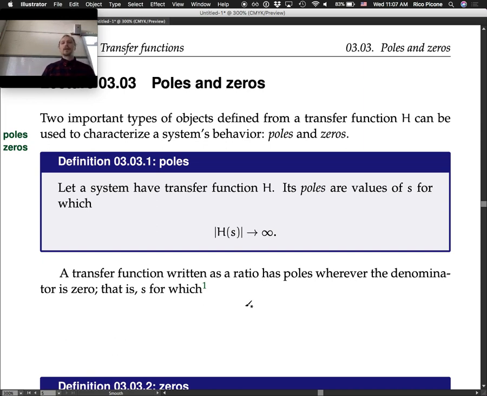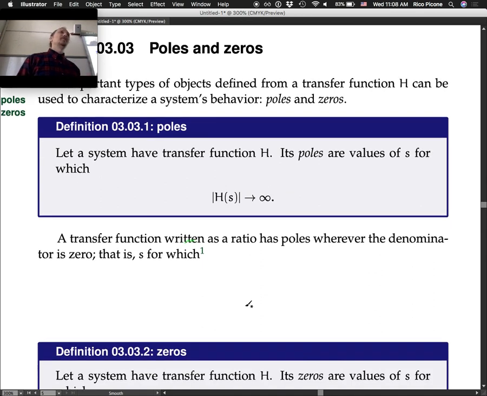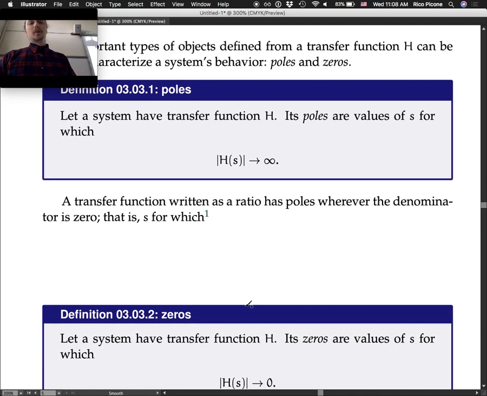So a transfer function written as a ratio, which is how every transfer function we've looked at so far, we've eventually written, a ratio of two polynomials in s, right? We did that last couple lectures.